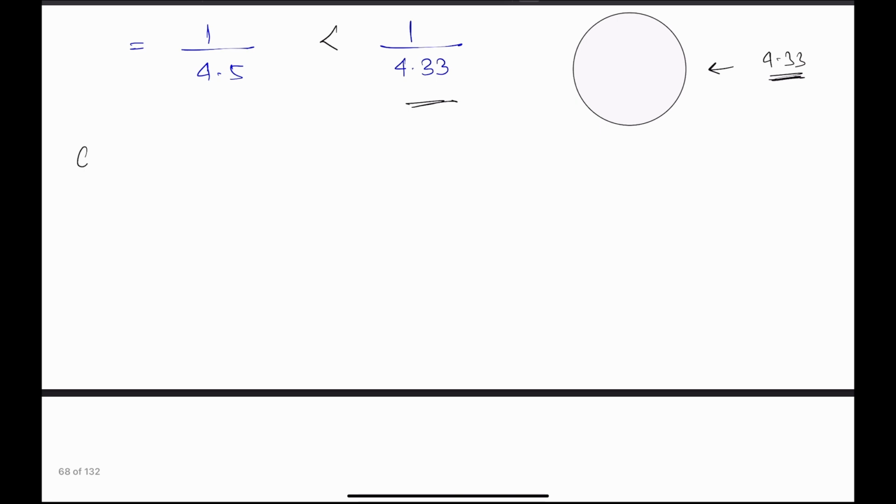Let's take one more example and try to understand. Again, our approximation will kick in when we start solving this type of question.